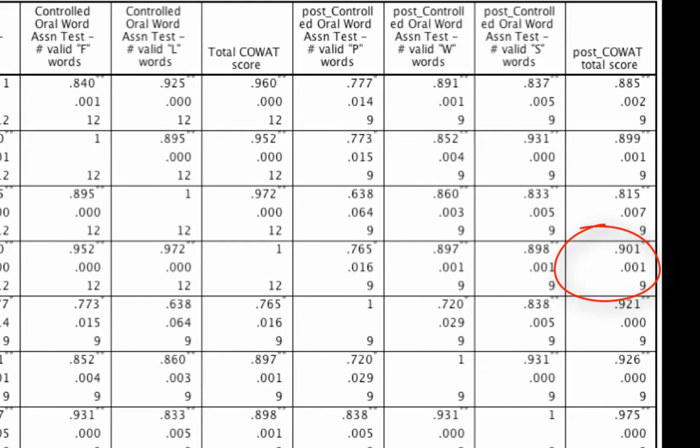And what's the strength? Very strong, right? If you think about Pearson's correlation coefficient, they range from -1 to +1. In this case, we have 0.901. That's really, really close to a perfect relationship. Look at that, 0.901. That's really close to 1. So we would say that these two are very strong, positively correlated.